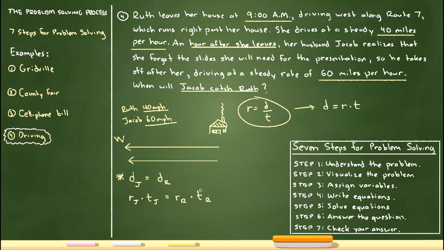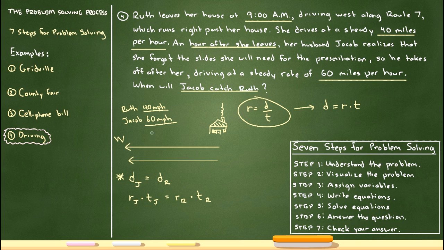Okay, now we know r sub j is 60 miles per hour, right? And we know Ruth's rate is 40 miles per hour. But what about the t's? These are two different values, but could we relate them somehow?